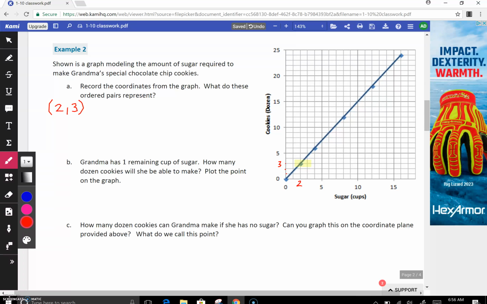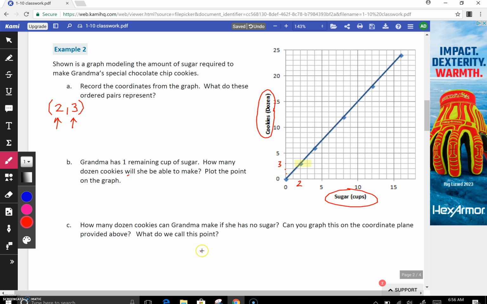But it's going to ask us, what do these ordered pairs stand for? Well, 2 is my x value, so it stands for cups of sugar. 3 is my y value, so it stands for dozens of cookies.